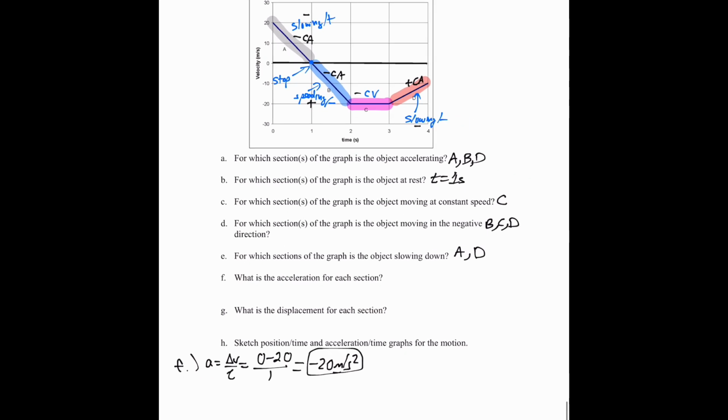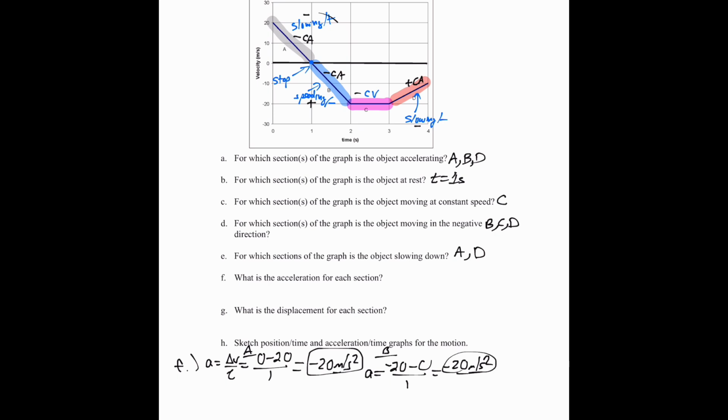Okay, that's for A. For B, a equals negative 20 minus 0, over, again, another 1 second time interval, so that's also going to be negative 20 meters per second squared.